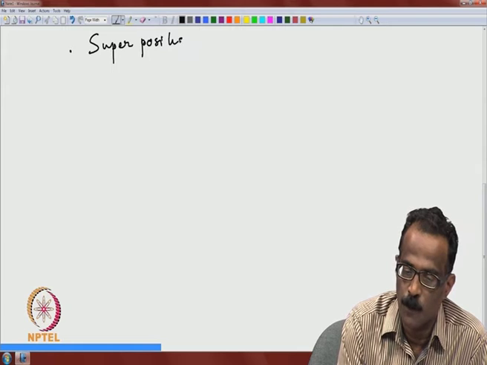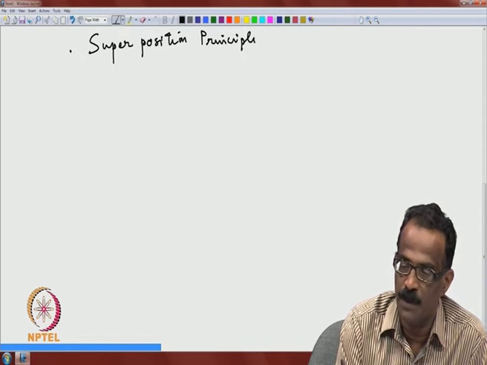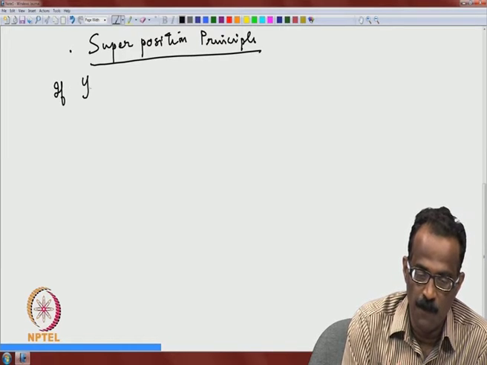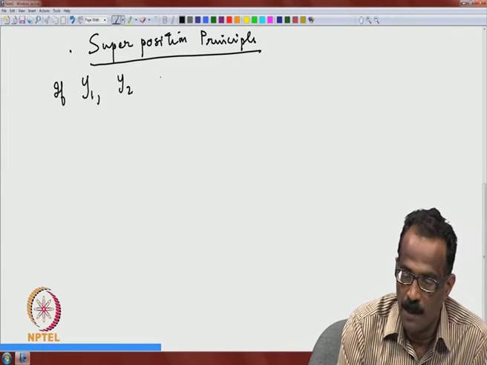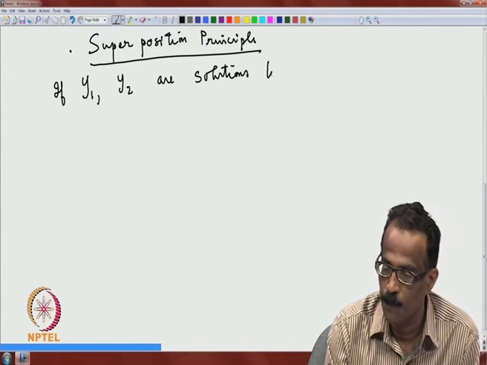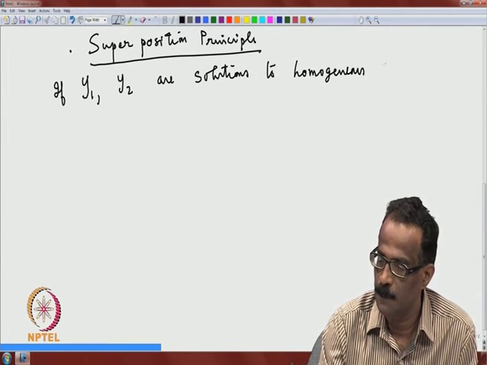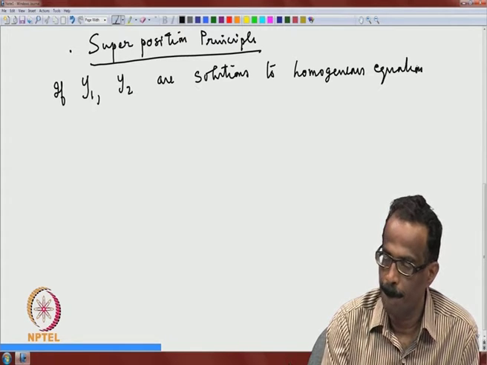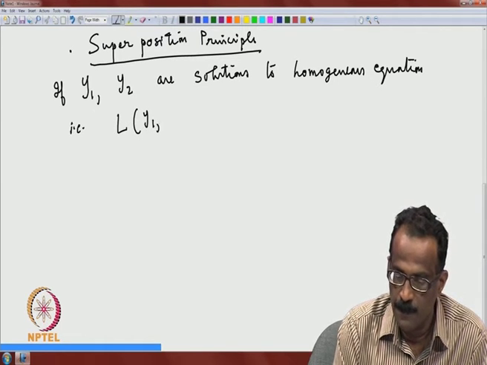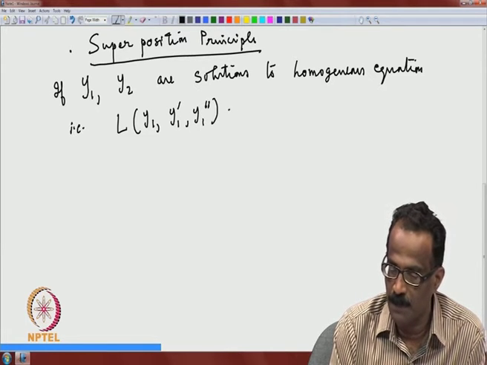Superposition principle. What is this superposition principle? If y1, y2 are solutions to the homogeneous equation, that is L of y1, y1 prime, y1 double prime equals 0.